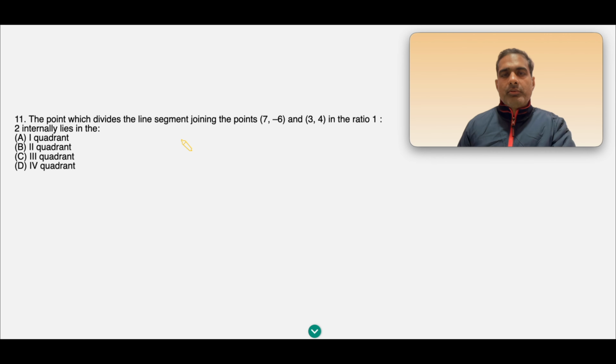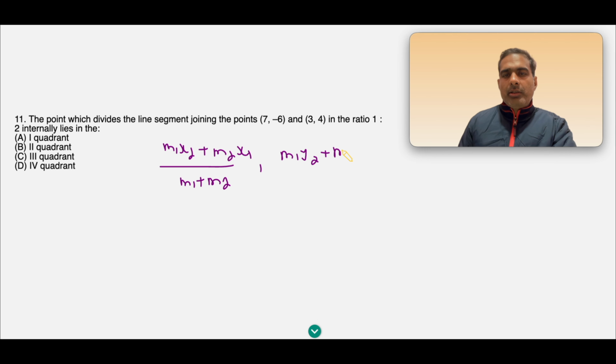So if any point divides a line segment in the ratio m1:m2, we write its coordinates as (m1x2 plus m2x1) divided by (m1 plus m2), and the y coordinate is given by (m1y2 plus m2y1) divided by (m1 plus m2).